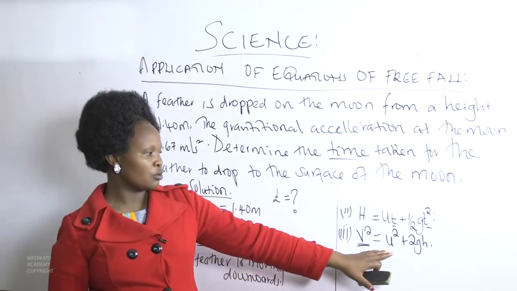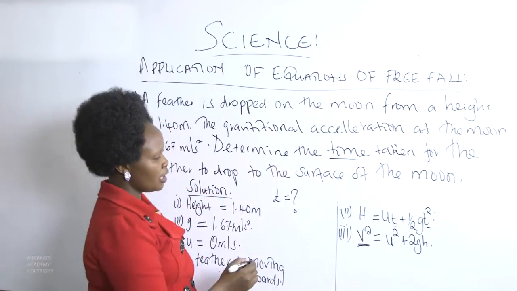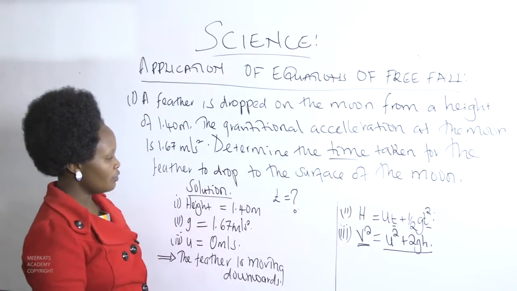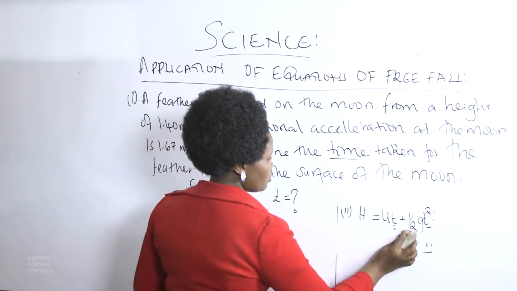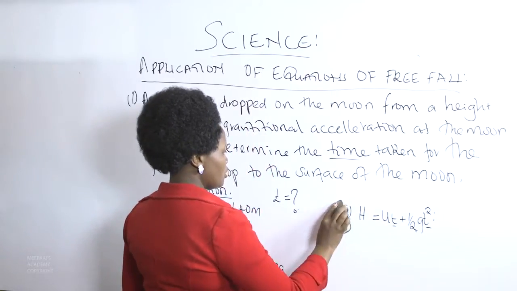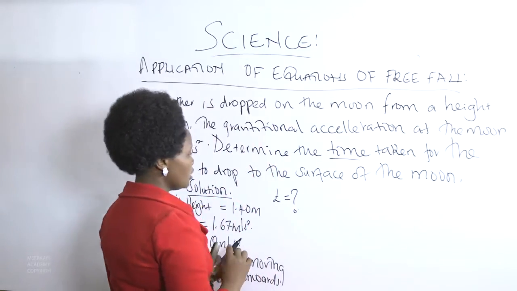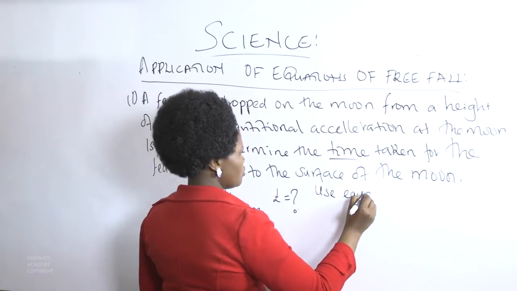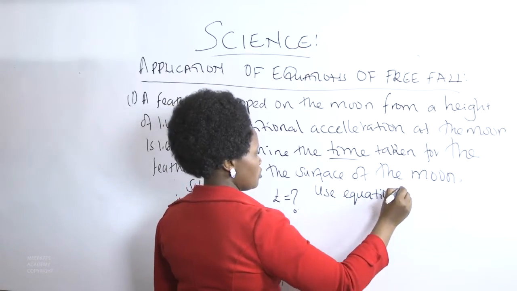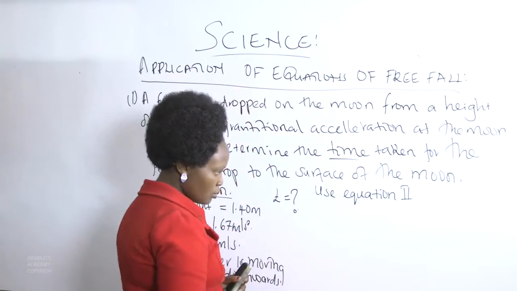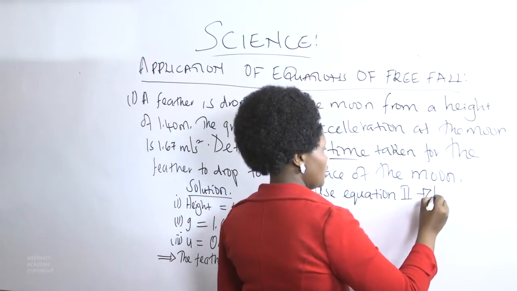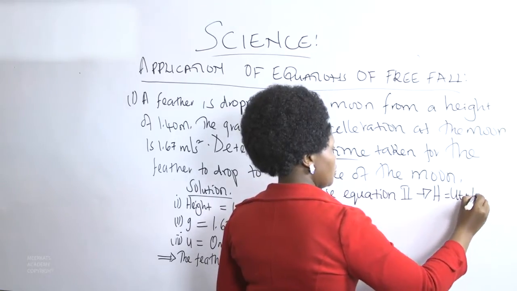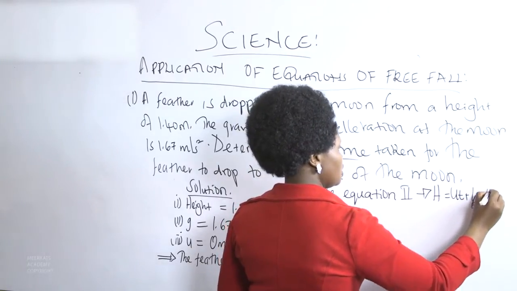Then we want to look for time, which has not been accounted for in the third equation. Therefore, that leaves us with equation 2, which we are going to apply, which states that h is equal to ut plus a half gt squared.